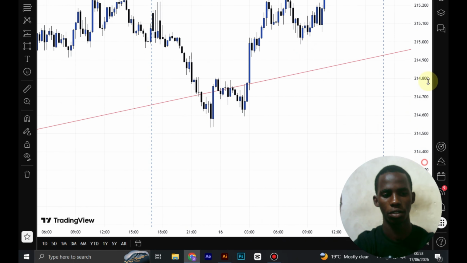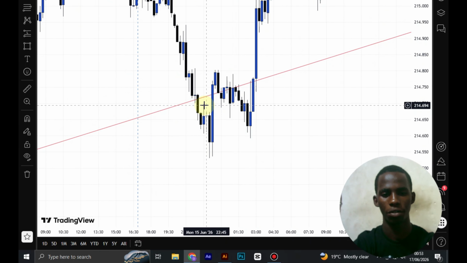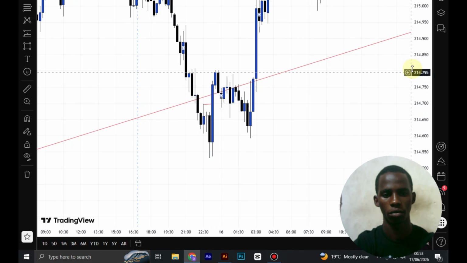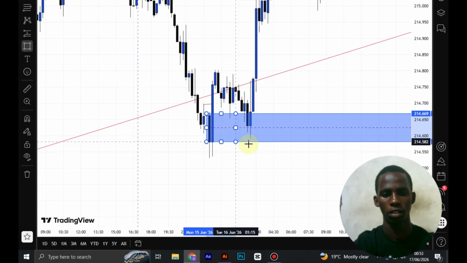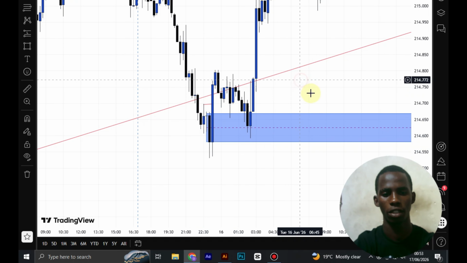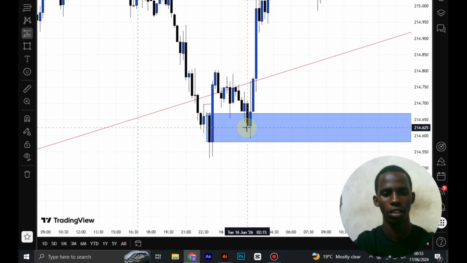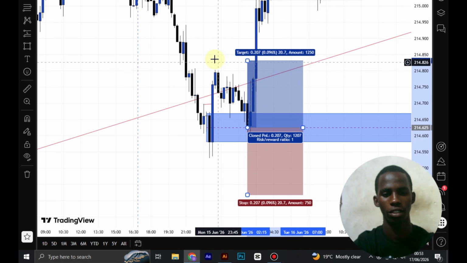Okay, here we go. So price went, there is this market structure shift over here, there is this order block over here, that's consecutive candles, and I would buy in right here.